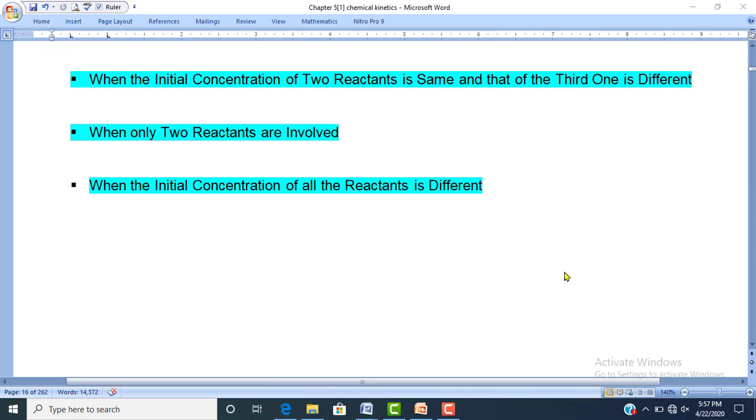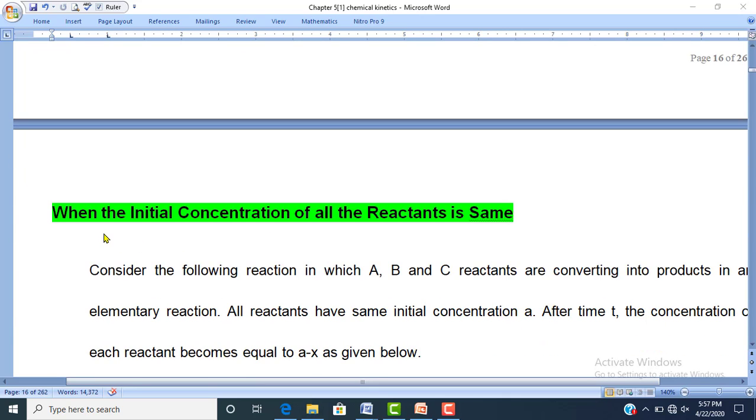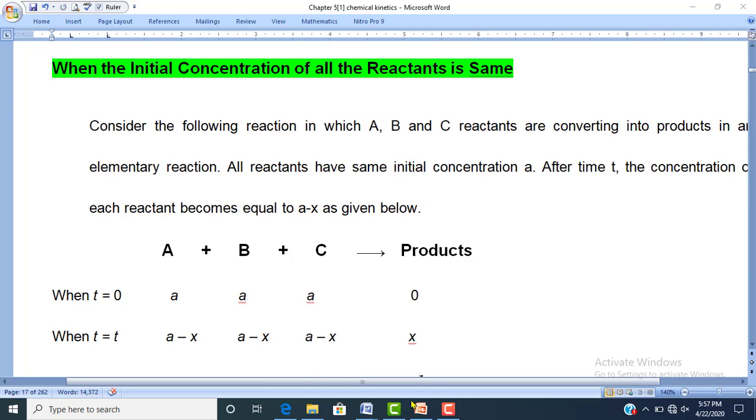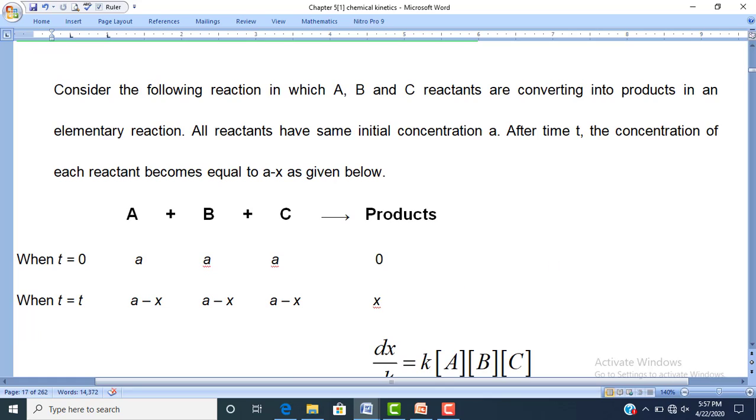Dear students, if we study only today, when the initial concentration of all the reactants is same, then by applying the simplest formula, the three reactants A, B, C react with each other to produce some product, and the initial concentration of all three reactants is a mole per decimeter cube, and after time t seconds the remaining concentration will be a minus x of all reactants.